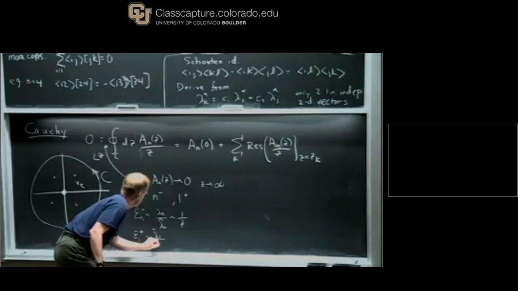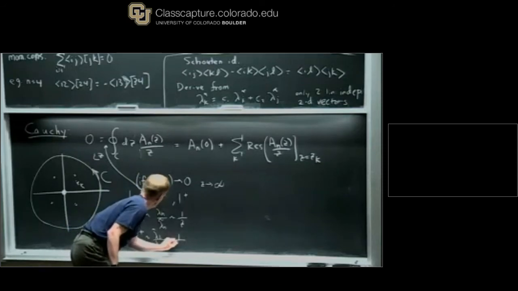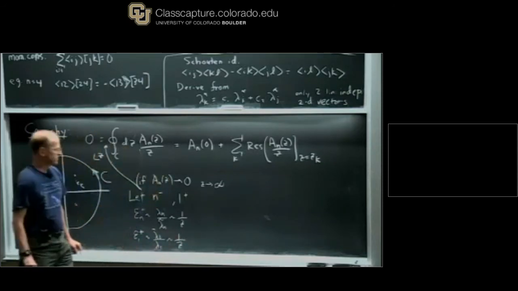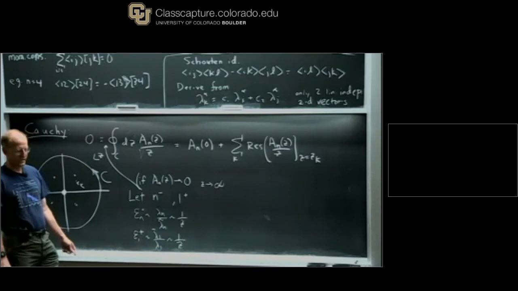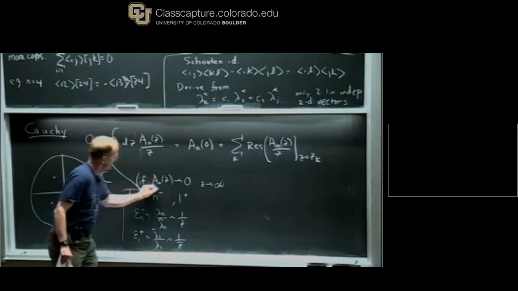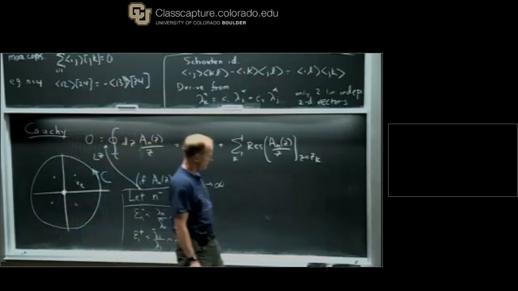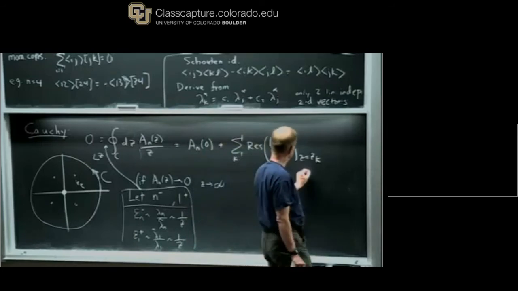It has a lambda tilde_1 in the numerator and a lambda_1 in the denominator, but we're treating lambda_1 in the conjugate way, so this also goes like 1 over z. So this is the best behavior of the polarization vectors on the outside.